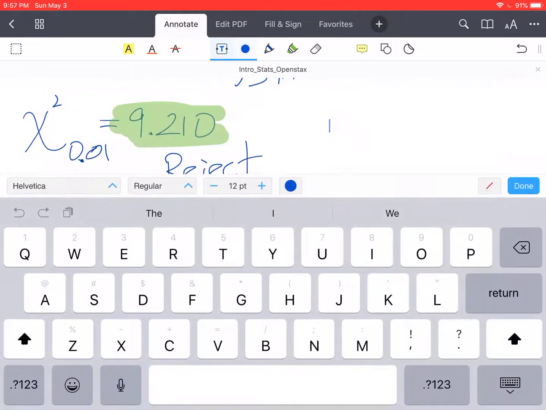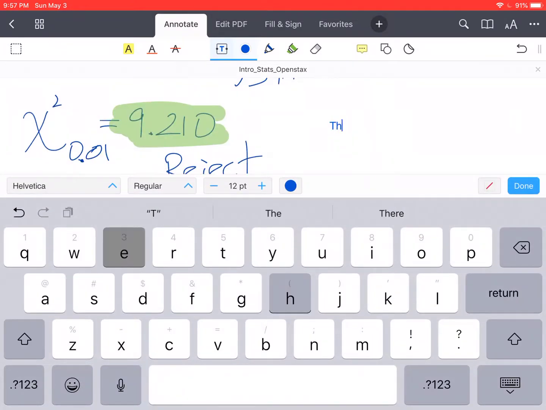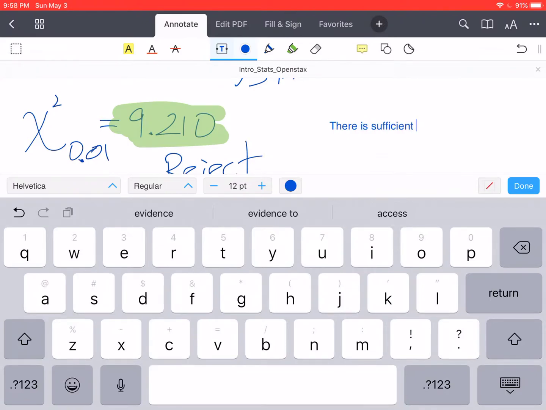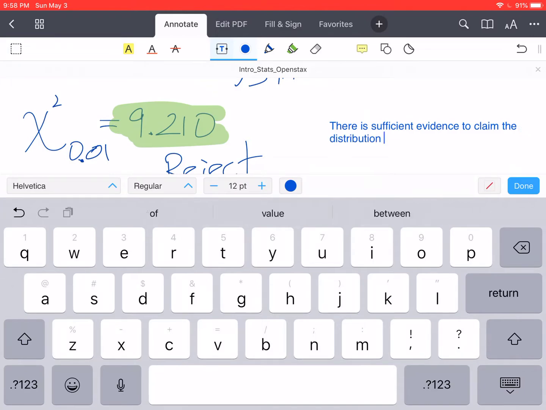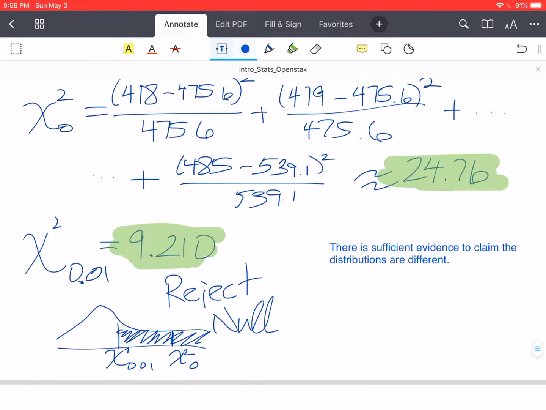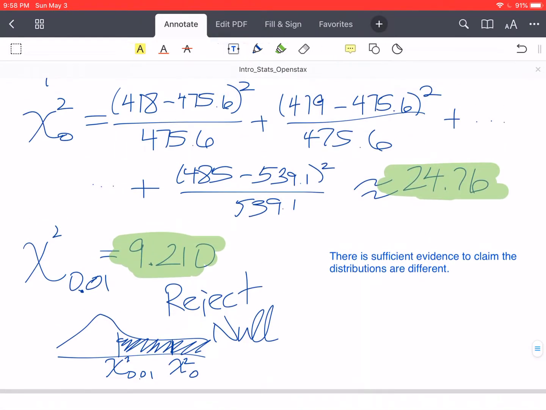Okay, so there is sufficient evidence to claim the distributions are different.